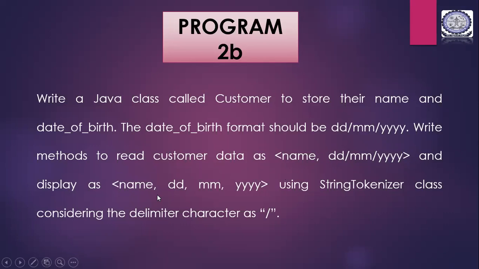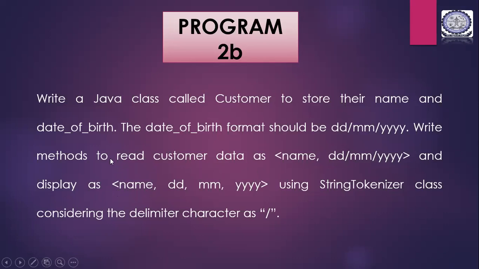So each of the strings here should be separated using a comma, and it should be within these two characters. Okay, so you're going to take in the data like name, comma, date, you have a separator here, month a separator, and the year.